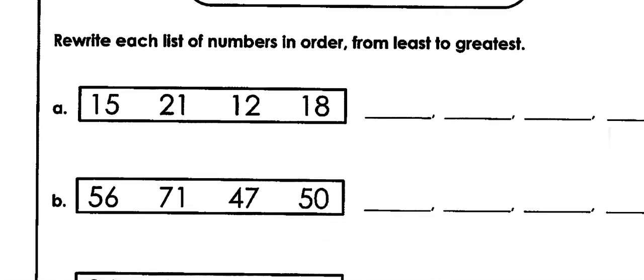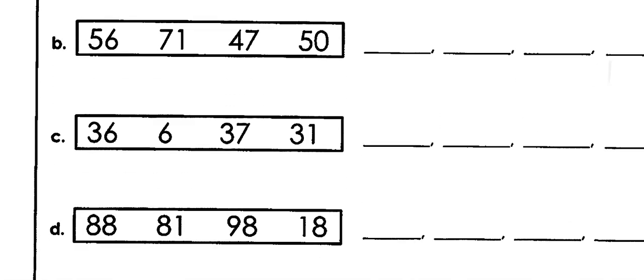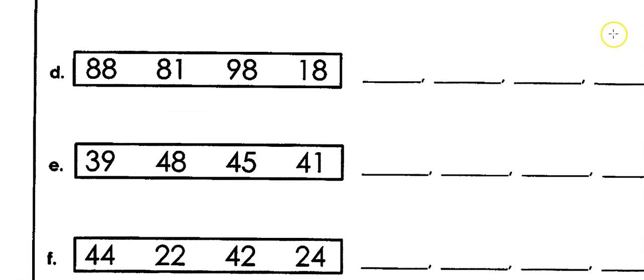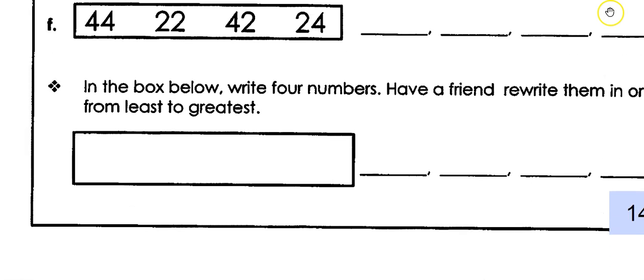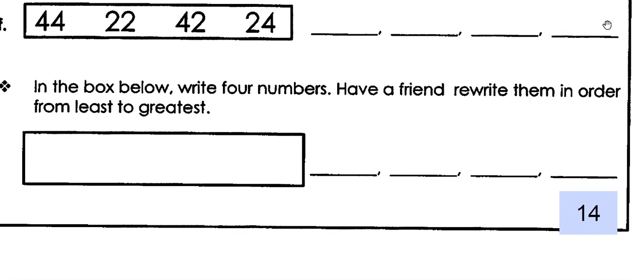So that would be letters A, B, C, D, E, F. And then the last one, it says, in the box below, write 4 numbers. Have a friend rewrite them in order from least to greatest. So you maybe could write 4 numbers in the box, and then maybe have your mom or dad or brother rewrite them in order from least to greatest.